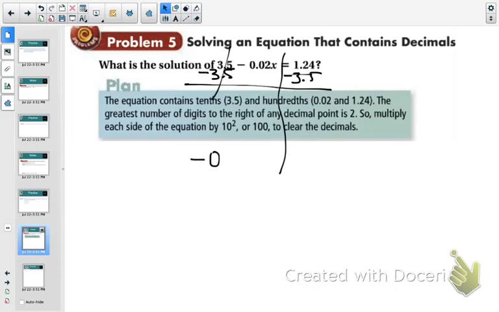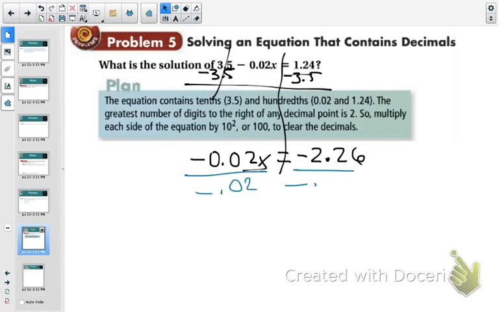So I get negative 0.02x equals 1.24 minus 3.5, negative 2.26. And then I divide by negative 0.02. And I get 113 for x. Okay, that's one way to do it.